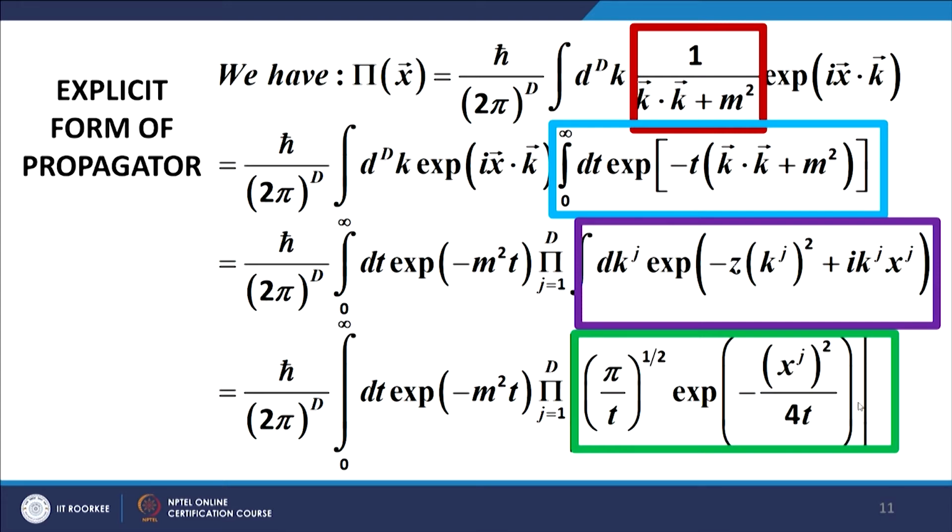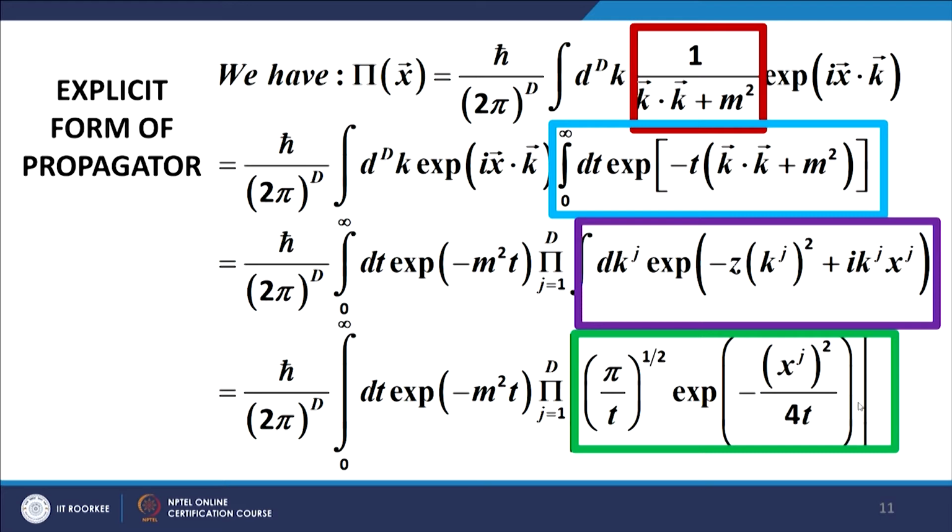Integral between 0 to infinity dt exponential minus t (k dot k plus m square). If you perform this integral, you get precisely 1 upon k dot k plus m square, which is the expression in the red box. So, that being the case, we can replace the latter by the former. That is precisely what is done, and now we do the integration.